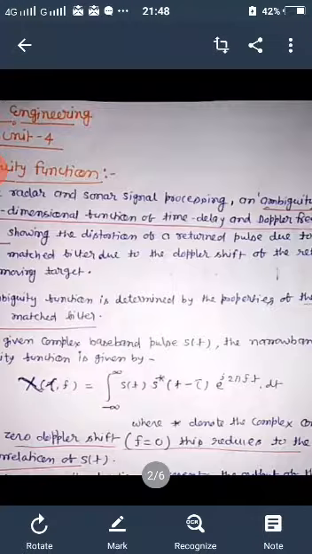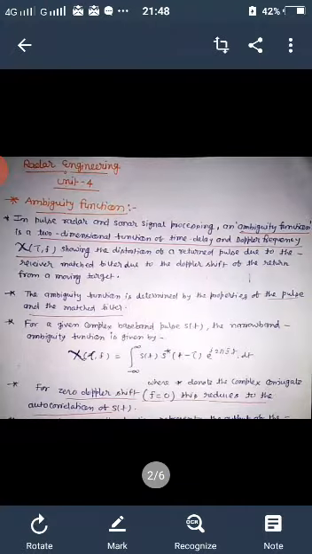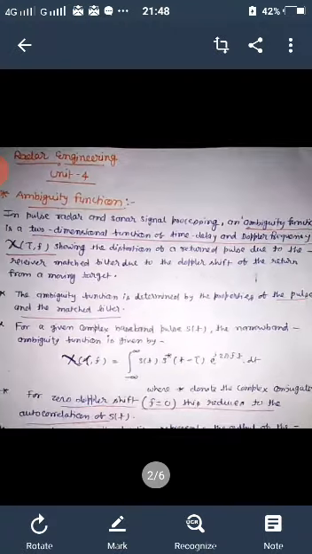We know that the autocorrelation function is the measure of similarity between a signal s(t) and its delayed version. It shows how the signals match. So it is known as the measure of similarity, or the autocorrelation.